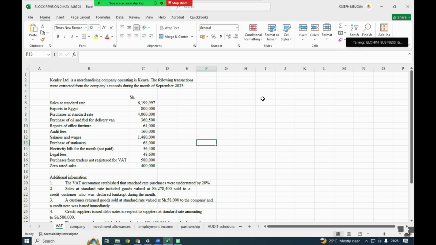VAT payable or refundable. You can just create a VAT account.